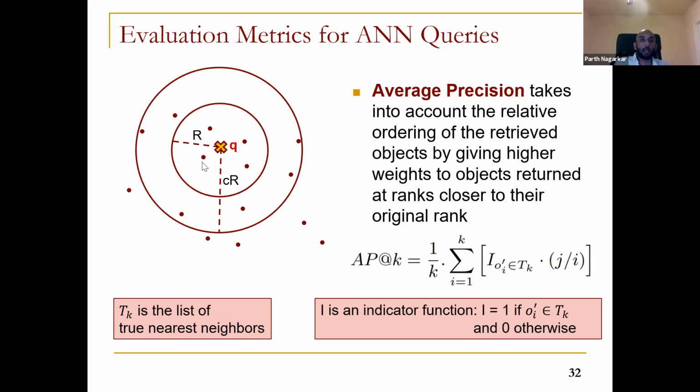Average precision states that if you are getting, let's say, this point as the most nearby candidate in your technique, and in reality it was the 90th point, then this has to be penalized and taken into consideration by your technique. These are the two main evaluation criteria used for these approximate results.